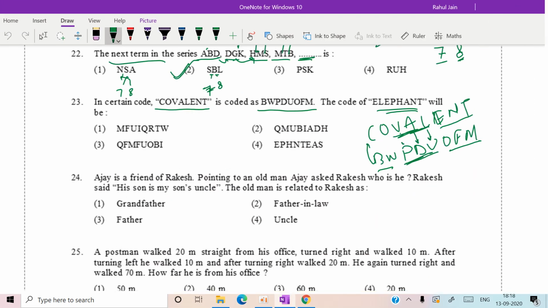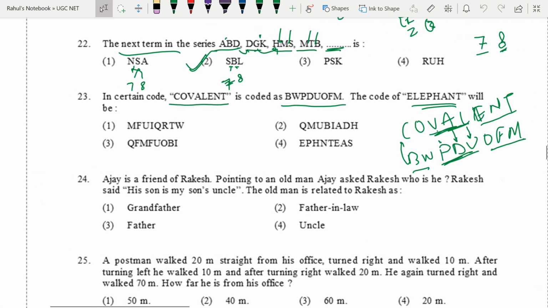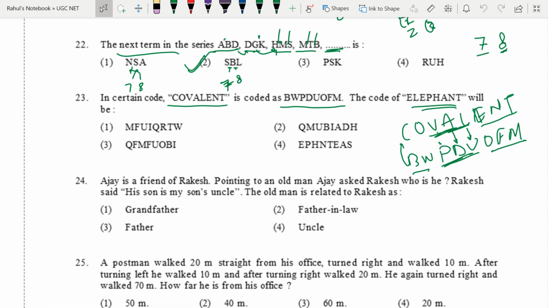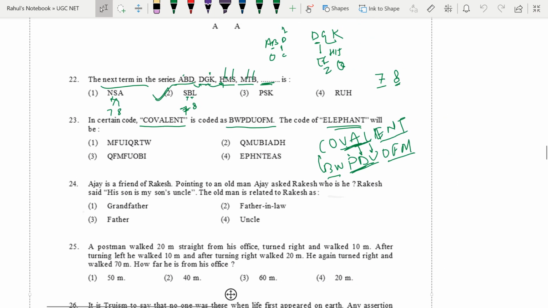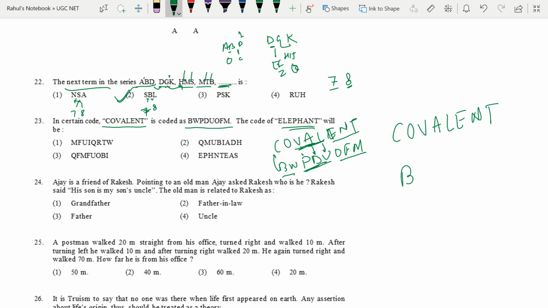Hey guys, this question is somewhat tricky, but you can solve it. Covalent is given to us, isn't it? So let's solve it on the side. COVALENT is given to us and it is written as BWPDUOFM.